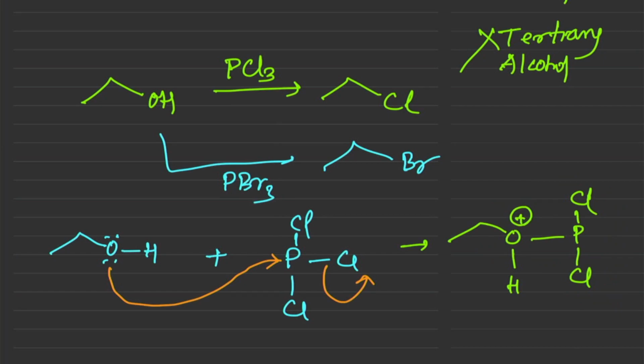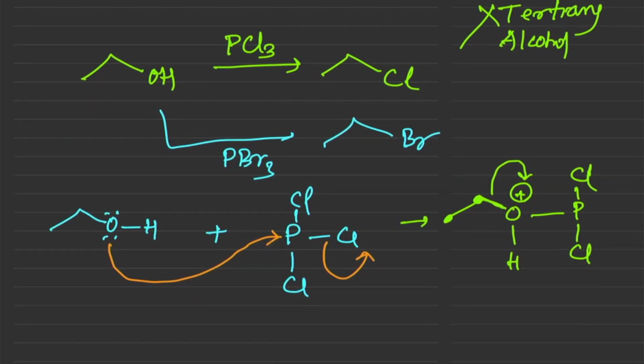So now you can actually break the bond here by neutralizing the positive charge on oxygen, right? However, if I break it, you're basically creating a primary carbocation right here. So that's not going to happen. However, remember we just created a Cl minus in the last step. That Cl minus would act as a nucleophile and attack.